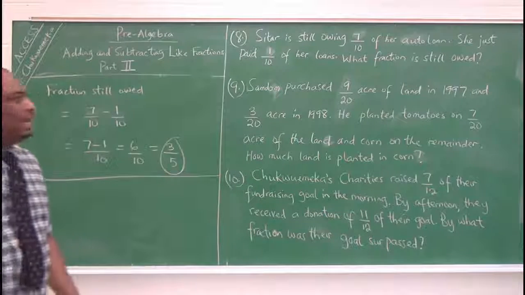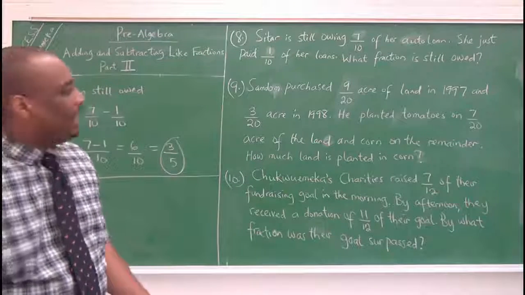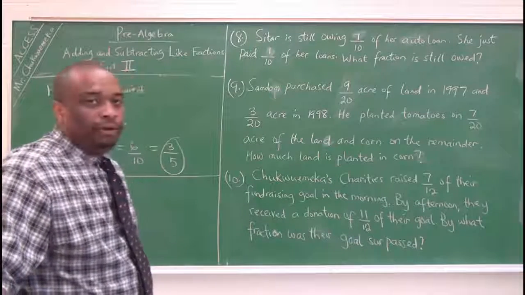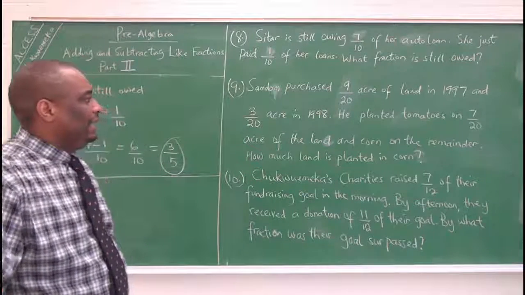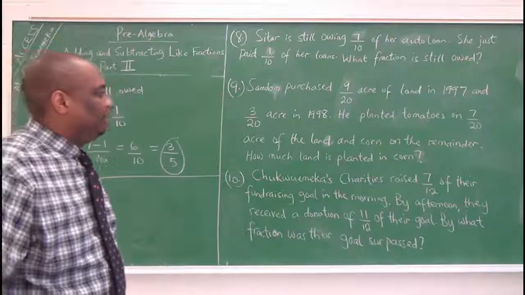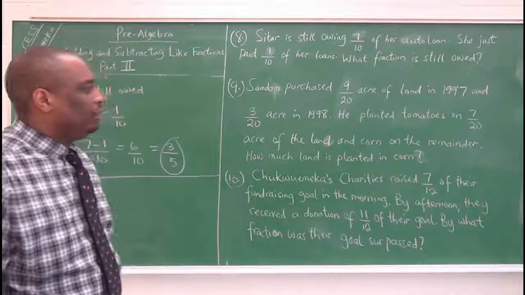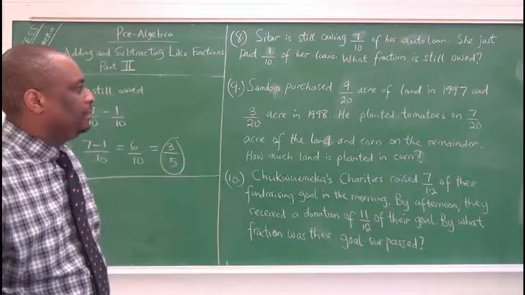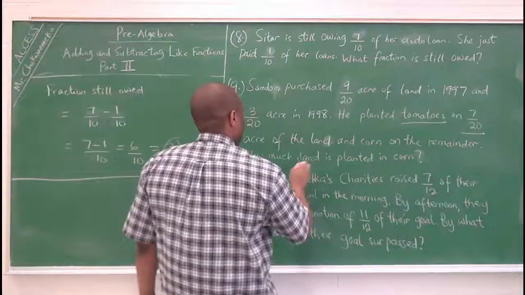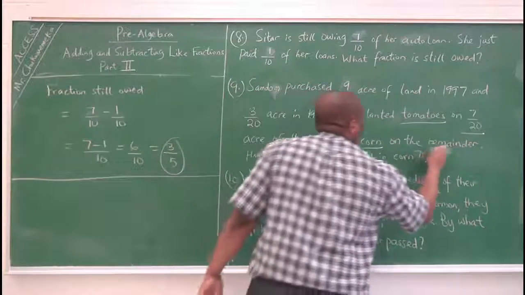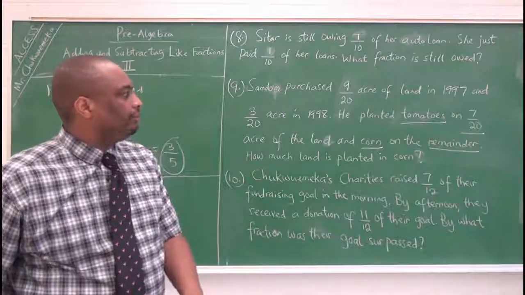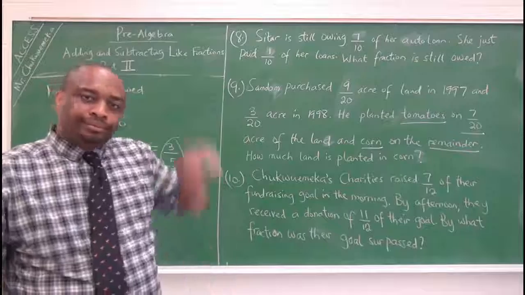Now the next one. Samdom purchased 9 over 20 acre of land in 1997 and 3 over 20 acre in 1998. He planted tomatoes on 7 over 20 acre of the land and corn on the remainder. How much land is planted in corn? So let's find it.